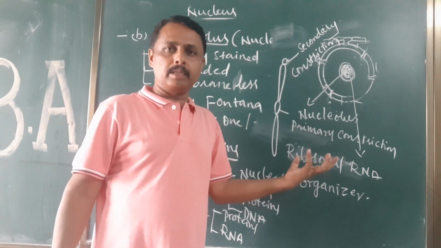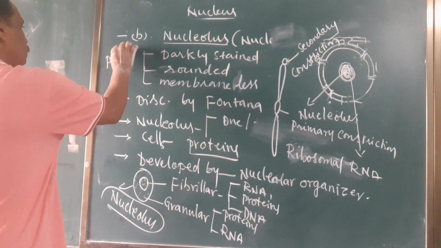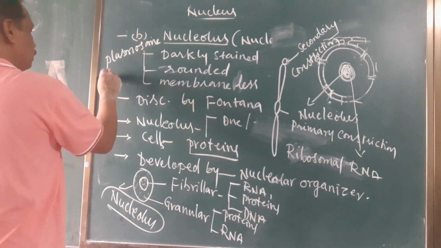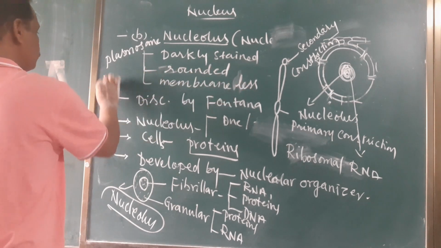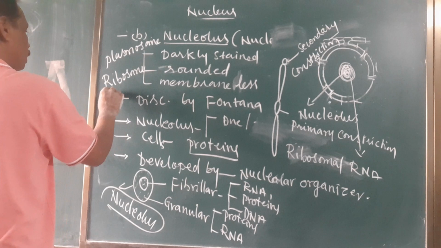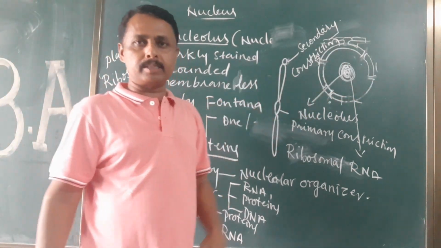Therefore, the nucleolus is otherwise called the plasmosome, where ribosomes are formed. That's why it is called the ribosomal factory of the cell.